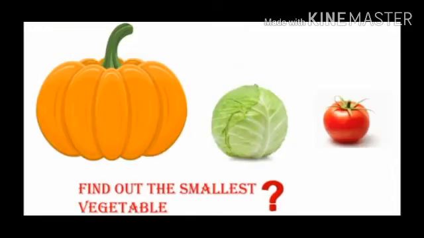Now tell me, my dear, find out the smallest vegetable among these three vegetables. Okay. Tell me which is the smallest one. Yes, you will find the correct answer. The answer is tomato. Very good.